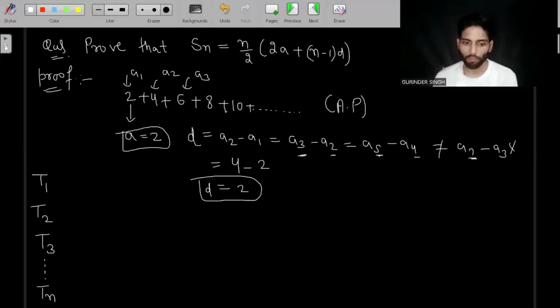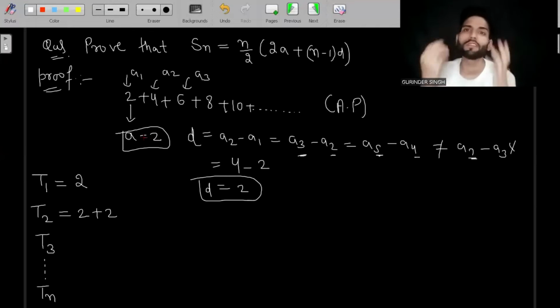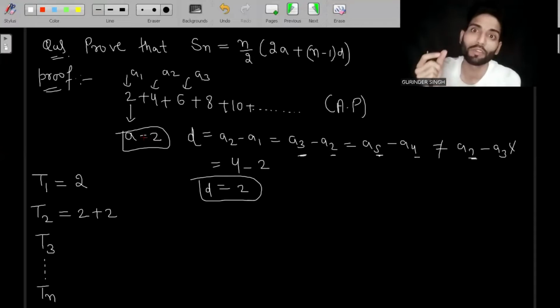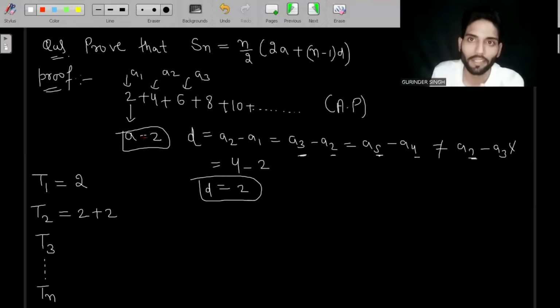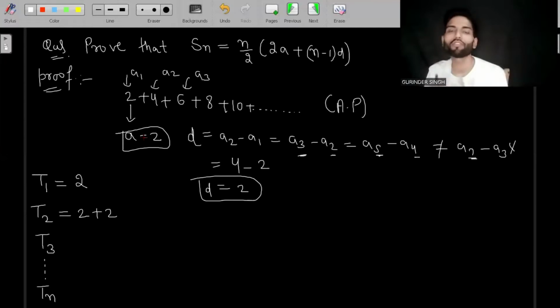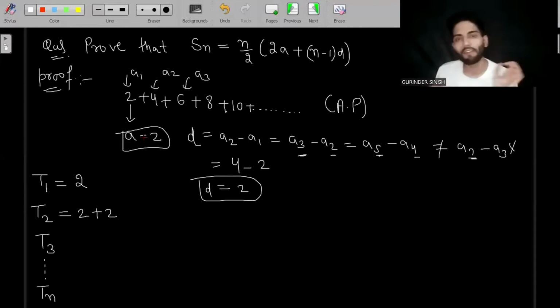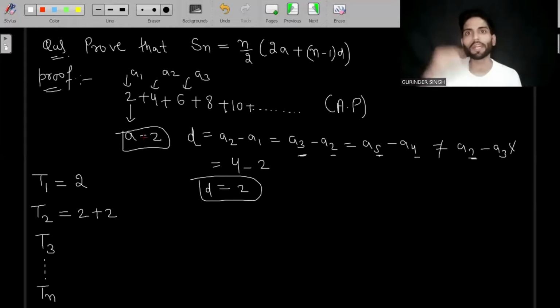The first term of this sequence is 2, and the second term is 4, which I can write as 2 plus 2. What are you doing to the first term to get the second term? You are adding D. You add D consecutively to every term to get the next term.